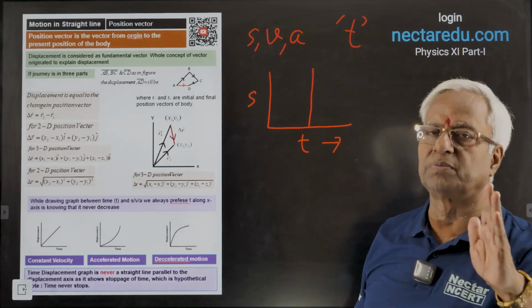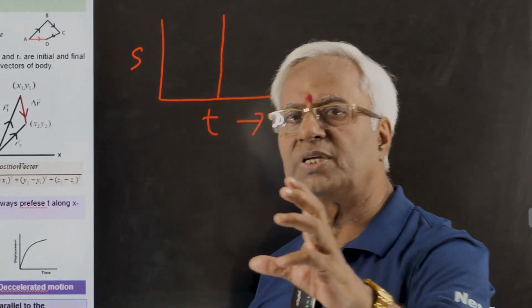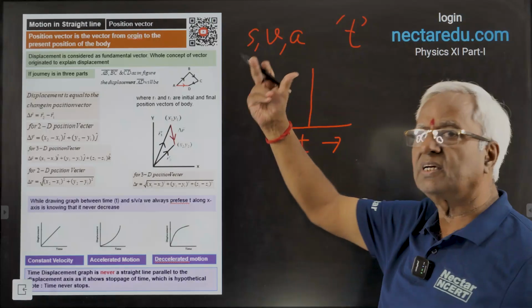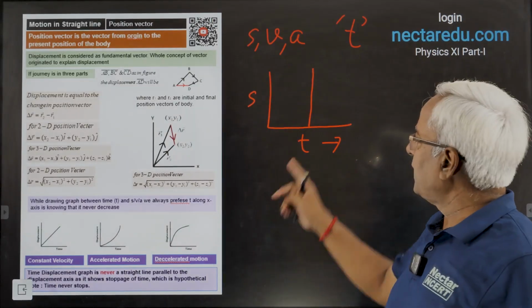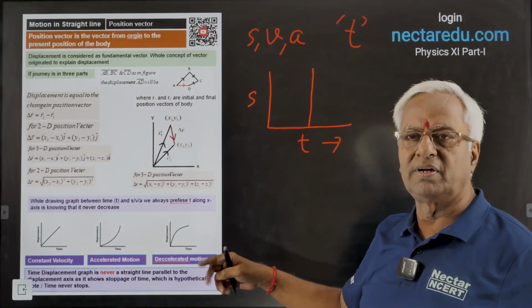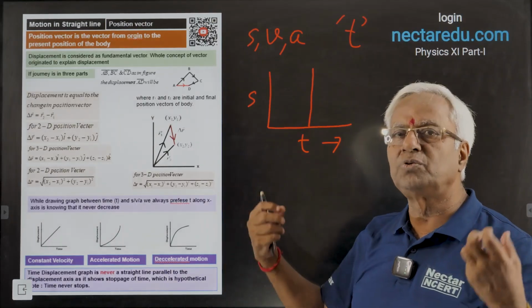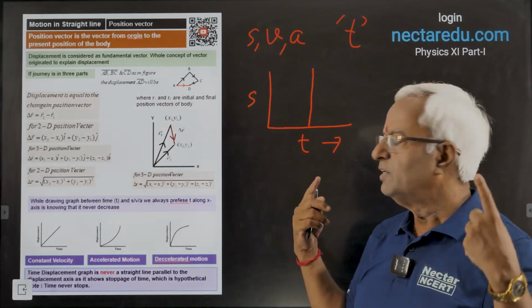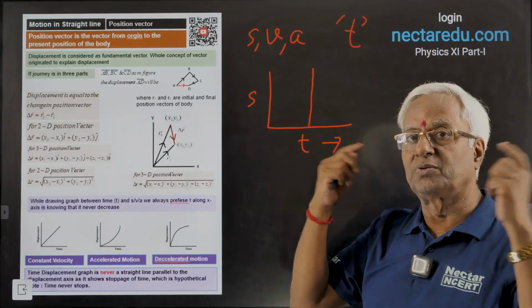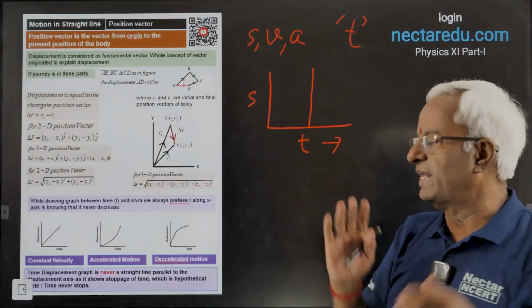That is impossible. Time will always proceed. So this is a hypothetical graph. With displacement, it is quite not possible. With velocity, we are bound to use it sometimes, but then you will keep in mind that this is going to be hypothetical in nature.